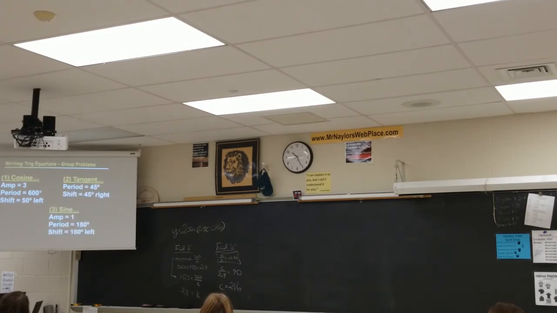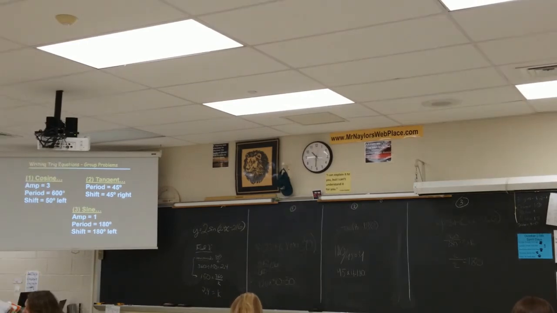If you're number 2, see if you can do this tangent. And if you're number 3, the sine. So group 1, just anything to add to this, a little talking. Who's your spokesperson? Whoever you decided would do a little talking.